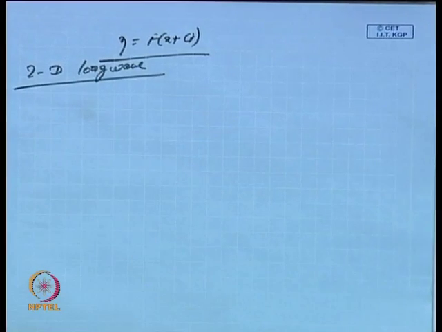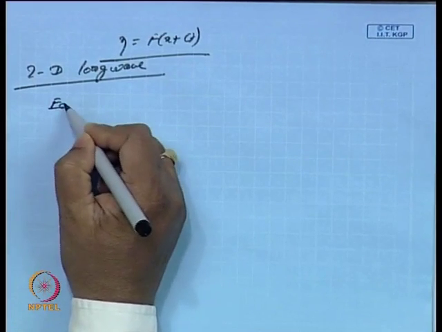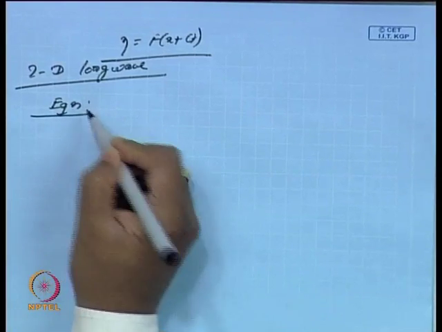In the 2-dimensional case, in case of a 2-dimensional long wave, you can see that the equation of continuity will be simple. I am not going into the detail, but I follow a similar procedure.